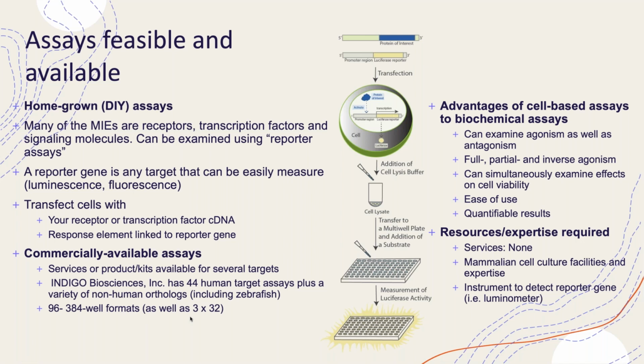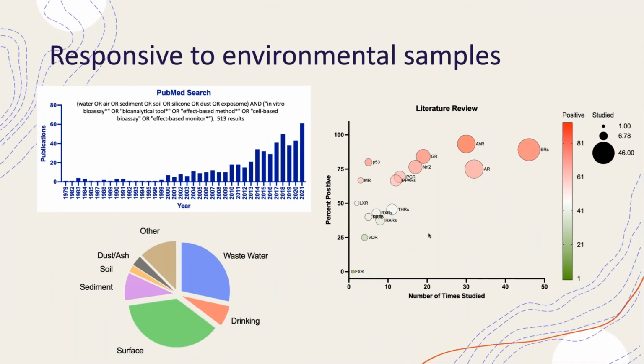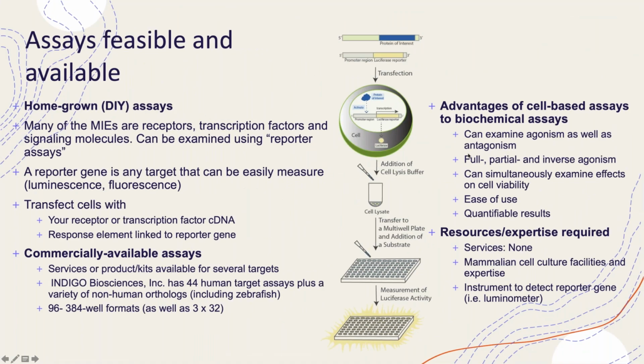So these are something that you can purchase if you do not have the capability to do it yourself. Just a little bit more information about why we've decided to use the cell-based assays. Really, it's giving you more information per bioassay than you get from a biochemical assay.